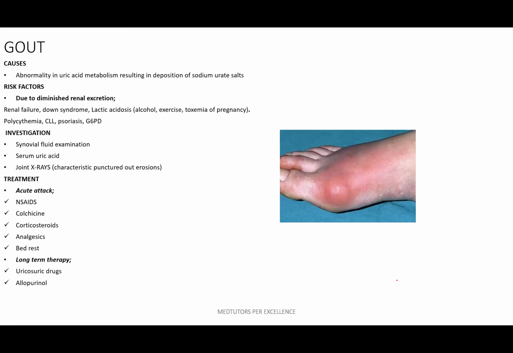Of course, they have triggers, and the risk is more in patients with decreased renal excretion, which will cause more accumulation of urate in the blood. When you do synovial examination, you have elevated urate salts and increased white blood cells. On the joint space, there are punched out erosions and reduction in the joint space.